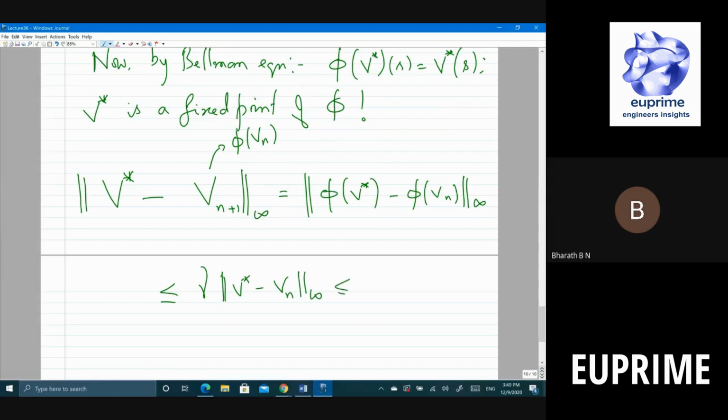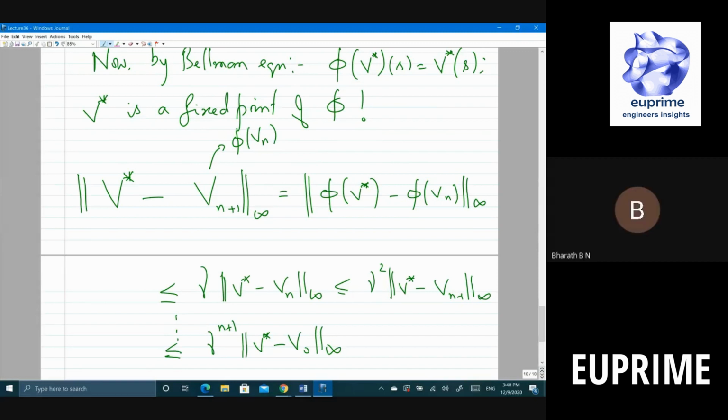Again, I can do nu square times v star minus vn minus 1 infinity norm. If you do this enough number of times, you get nu to the n plus 1 times v star minus v0 infinity norm. Do you agree? Yes, sir.